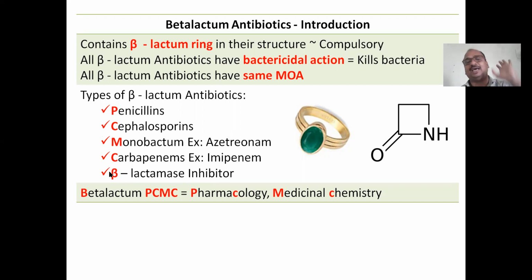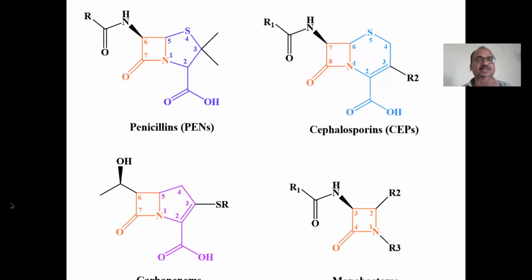Beta-lactamase inhibitors. So remember PCMC B: B for beta, beta-lactam antibiotics. We will read beta-lactam antibiotics in pharmacology, as well as in medicinal chemistry, so PC for pharmacology and medicinal chemistry. With this simple trick you can remember.